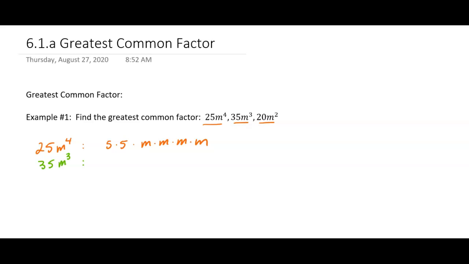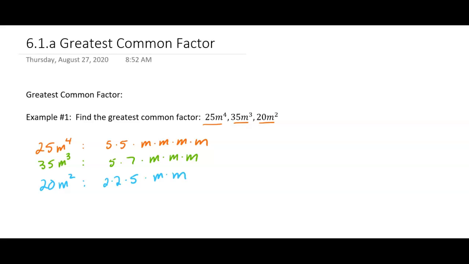So I could think of it as 5 times 7 times m times m times m. And then finally the last one, I have 20m squared. And so that's 2 times 2 times 5, if you break down 20 into 4 times 5, and 4 is 2 times 2. So I'm looking at these prime factorizations, times m times m.